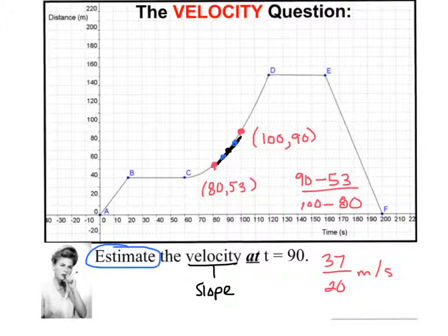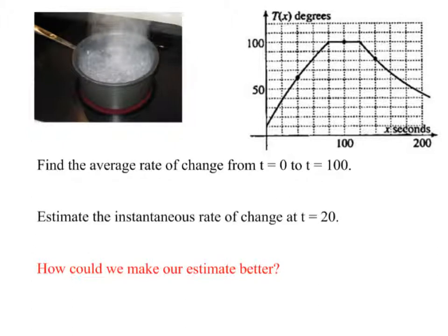Okay, let's move on. In this example, I'm not talking about speed anymore. I'm talking about a pot that is put onto a stove. So we've got the degrees and the number of seconds. So find the average rate of change from 0 to 100.